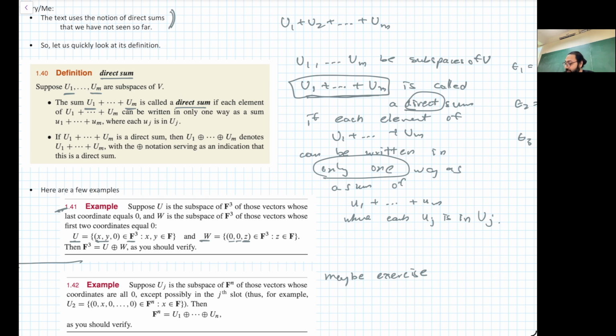And now if you have the extra property that any vector can be uniquely written in terms of vectors in each of these spaces, then it is indeed a direct sum, and we emphasize this by writing the sum with this ⊕ notation. So whenever you see this ⊕ notation, it means that any vector in this direct sum can be written uniquely in terms of these subspaces. Is that okay? All right.